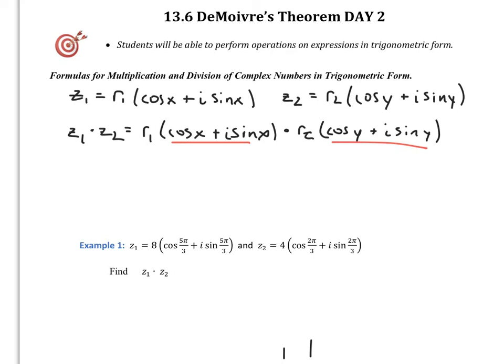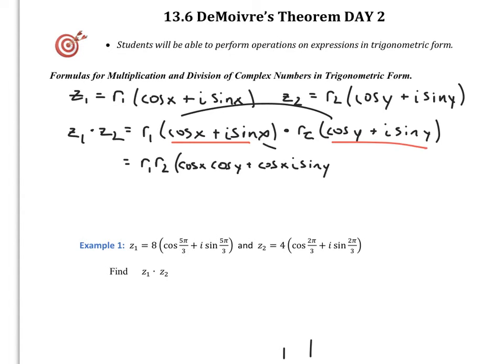Which means I can do r1 times r2, so I can push those out in front. Now I do what he was trying to explain. We're going to FOIL. Cosine of x is going to multiply by cosine of y, the first terms. Then I'm going to do the outside terms, so plus cosine of x times i sine y.